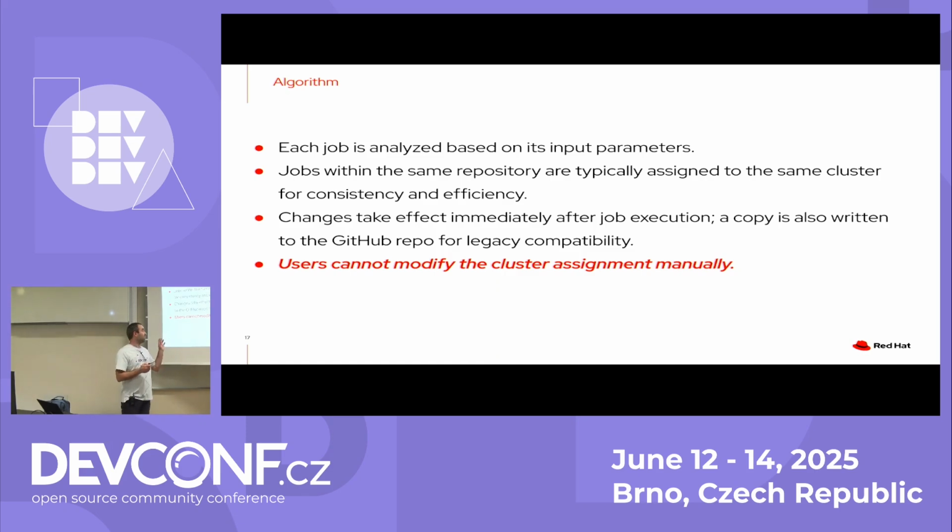An important thing for us, which is not yet fully achieved, is that users cannot modify the cluster assignment manually. It was a big problem in the past that users were going into the repository, manually assigning clusters. And imagine a cluster fails, there is an outage, and we have a whole bunch of questions why my job is not working. It's not working because it's manually assigned to the failing cluster.